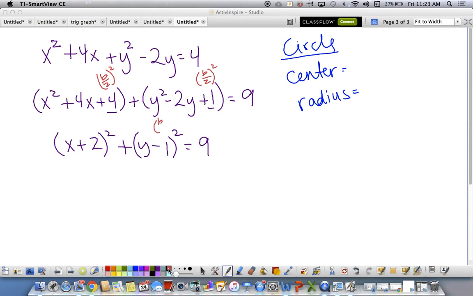And this is always just b over 2, if that matters. What's b in the equation? Every general form has an a, b, and c: ax squared plus bx plus c.